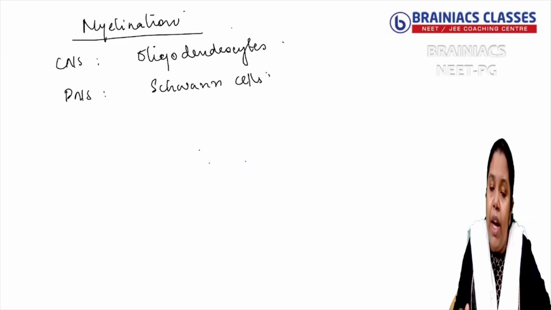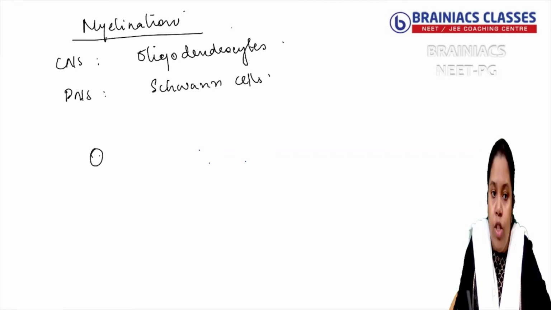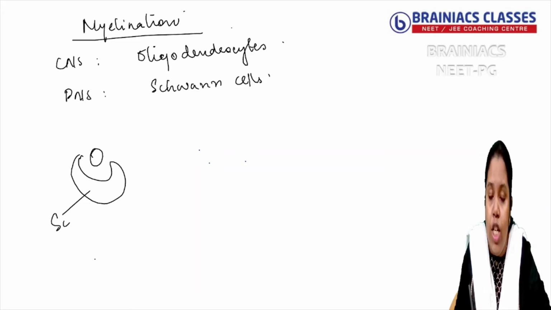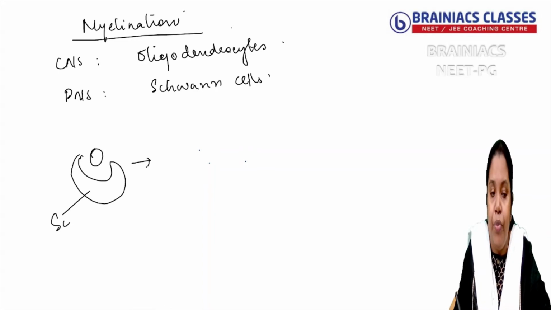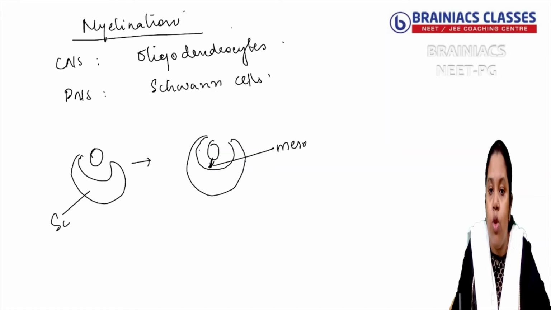Now how does this myelination occur? The axon will invaginate into the Schwann cell. If this is the Schwann cell, this axon will invaginate into it, and the axon will be suspended in the Schwann cell with the help of a mesoaxon.